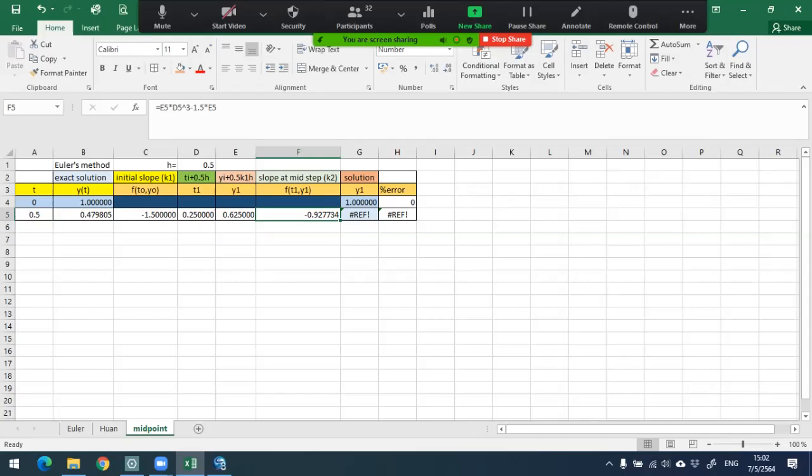Okay, we keep this value fixed, because we have to use this cell. And then the solution is what? The solution is yi plus the slope at mid step, times h.